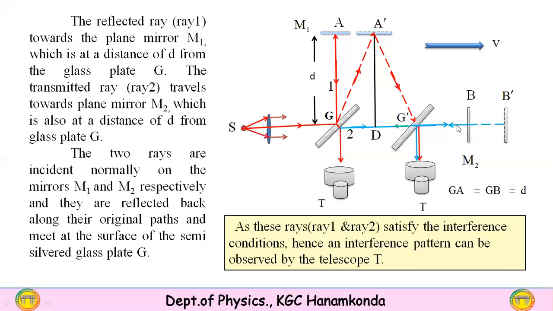The transmitted ray also goes and is incident on plane mirror M2, gets reflected back and reaches G, and the interference pattern happens at G because they are in the same phase. We can see that interference pattern through the telescope when this entire setup is at rest.